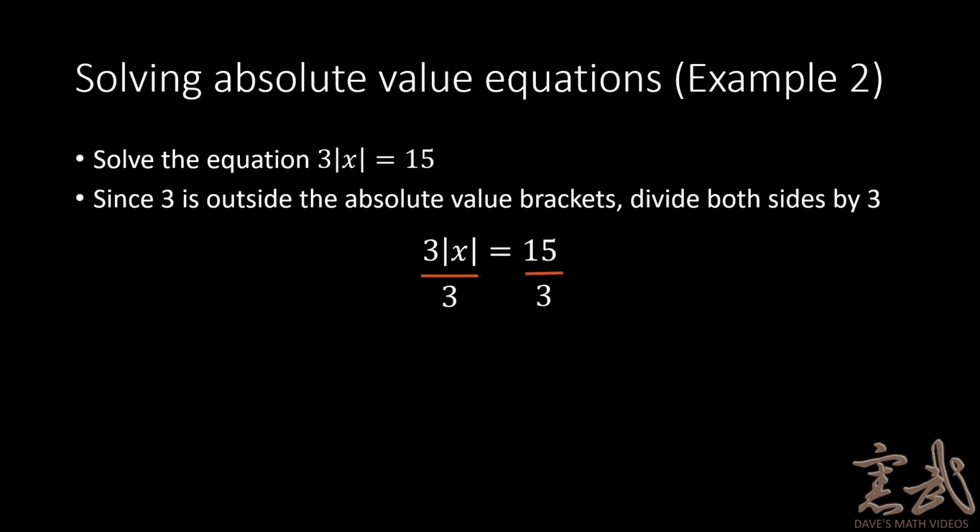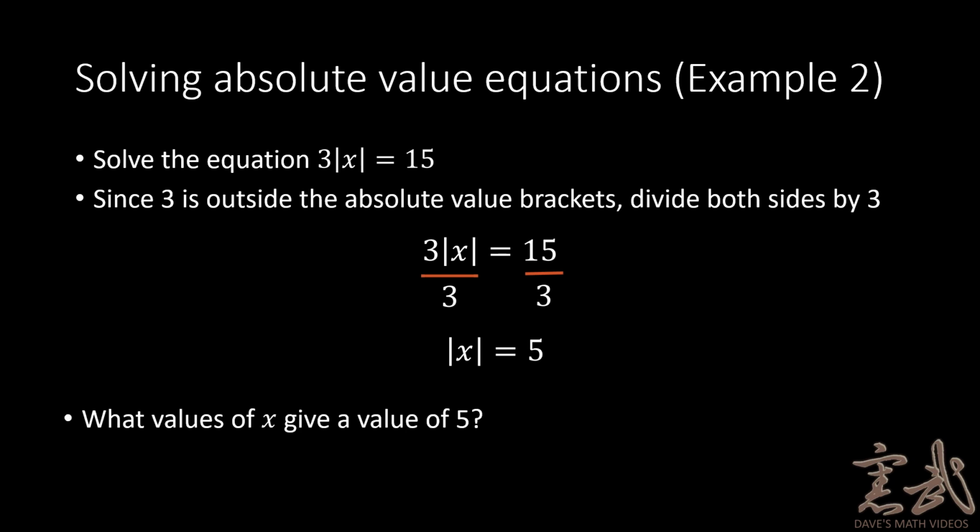That is, we have 3 times the absolute value of x divided by 3 is equal to 15 divided by 3. Now this will give us the absolute value of x is equal to 5. And now we think to ourselves, what values of x give a value of 5? And again, it's pretty obvious here that x is equal to negative 5 or 5.